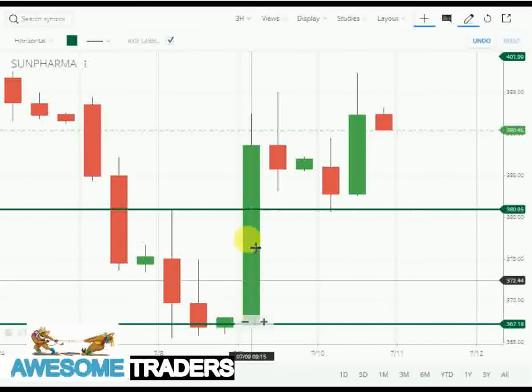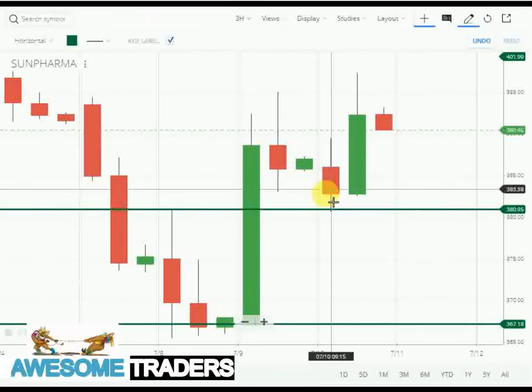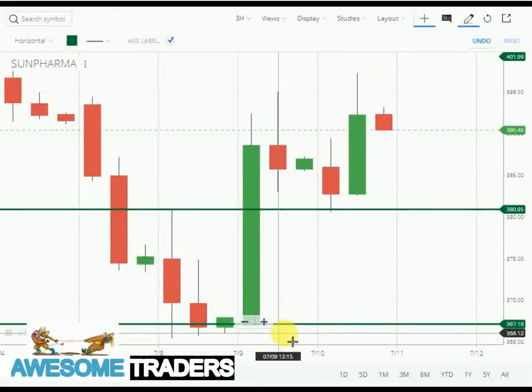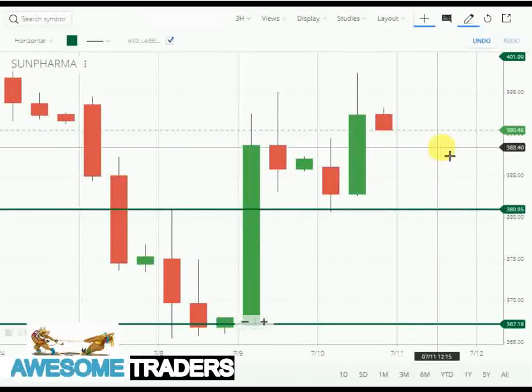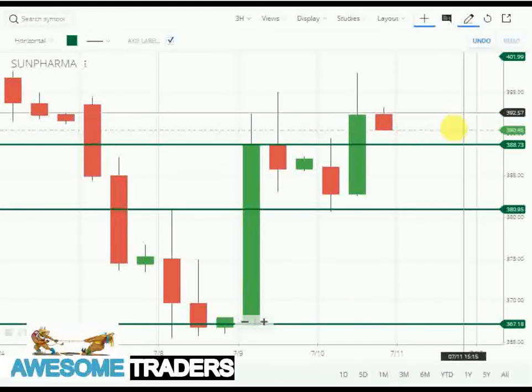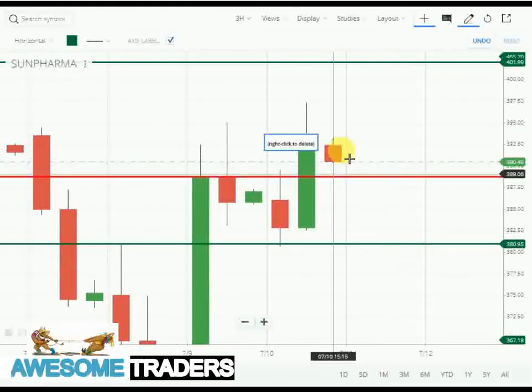It went up, it went down, touched the support level, and then shot up. So now your support level is down here at this level, the most obvious level if you have to trade this stock.